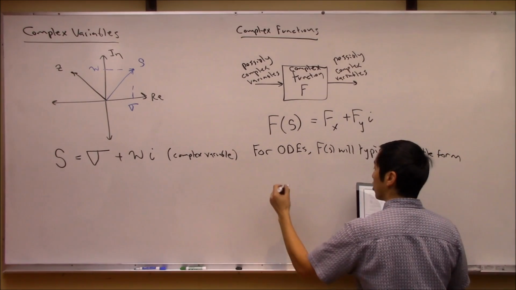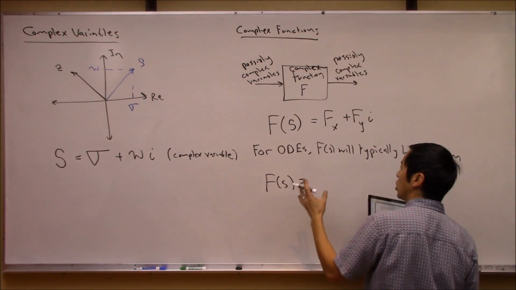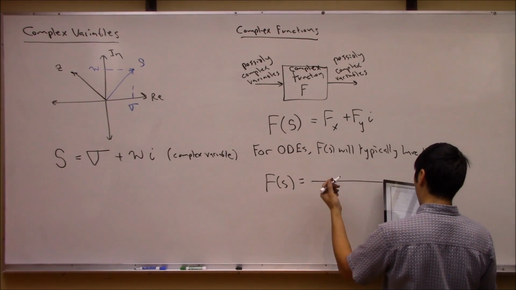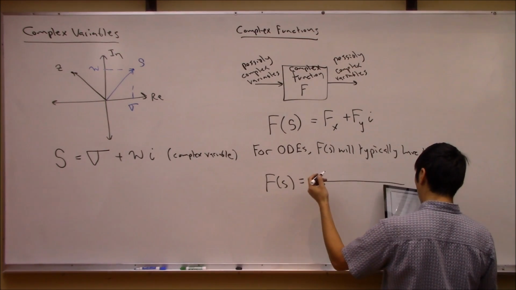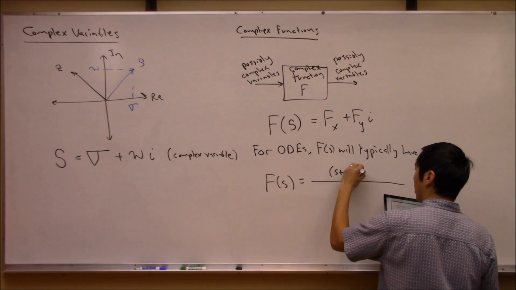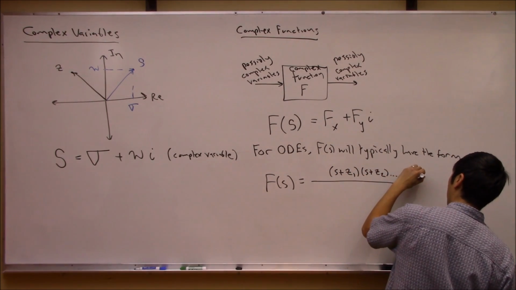It's going to be a ratio of polynomials. In the numerator, you're going to have a polynomial of order m, and I'm going to write it like this: s plus z1, s plus z2, and so on, all the way to s plus zm.